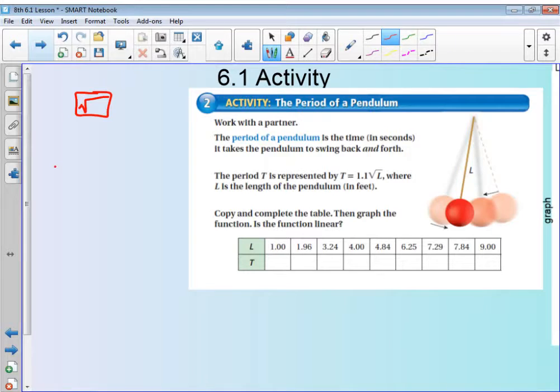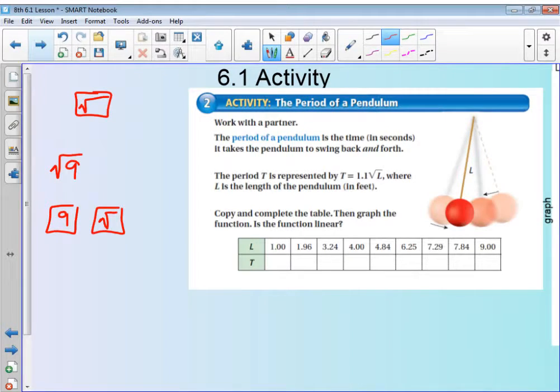So if I had the square root of 9, on my calculator, I have to do the number first and then hit the square root. So I punch the 9 button and then I punch the square root button.